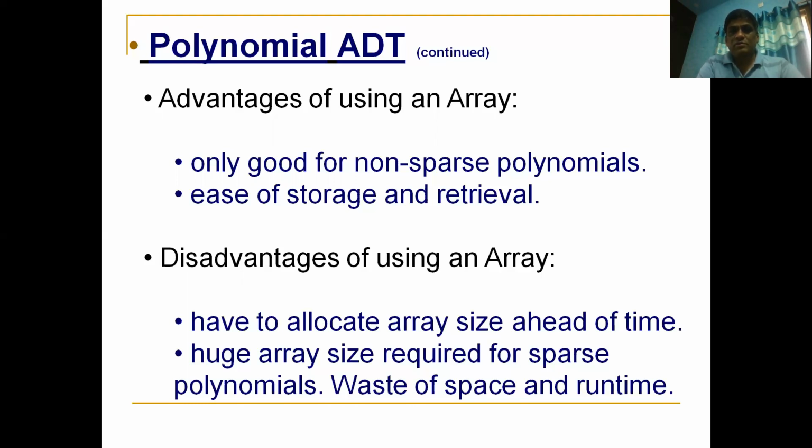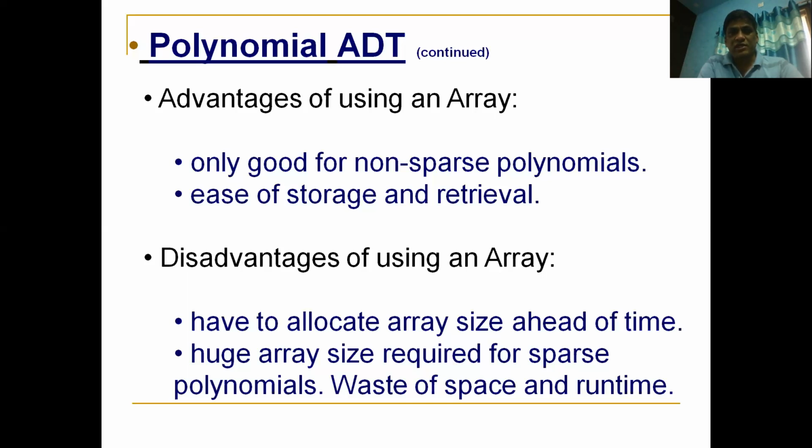So what is the problem of representing this polynomial with the help of arrays? Arrays are not suitable for representing polynomials since in any polynomial there may be some terms left out. For example, if you consider 4x power 10 plus 3x plus 1, 4x power 10 has the exponent 10, and then there are no terms related to power 9, power 8, power 7, power 6, power 5, power 4 and so on.